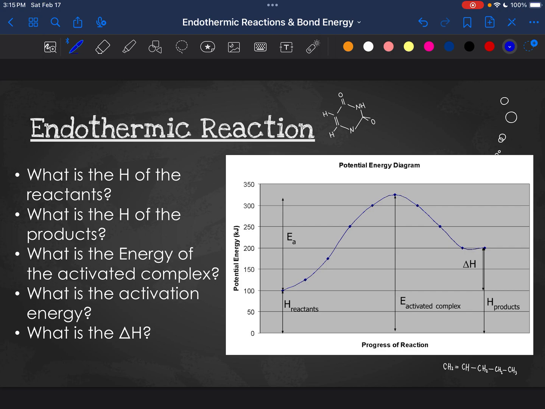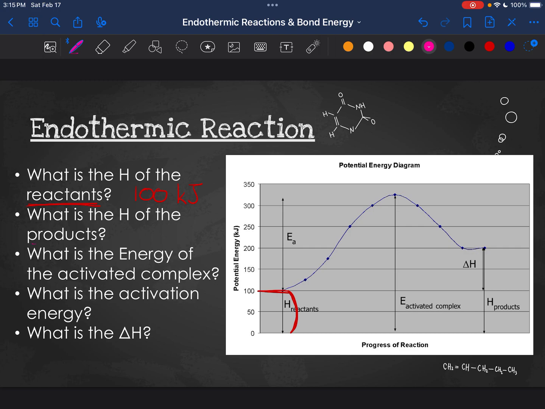The first question says, what is the heat of reactant? Well, if you think about it, the reactant, we know, is located at the beginning. So the reactant right now is 100. So what we're going to put is 100, but don't forget the unit, kilojoules. 100 kilojoules. Okay. Then how about the product?